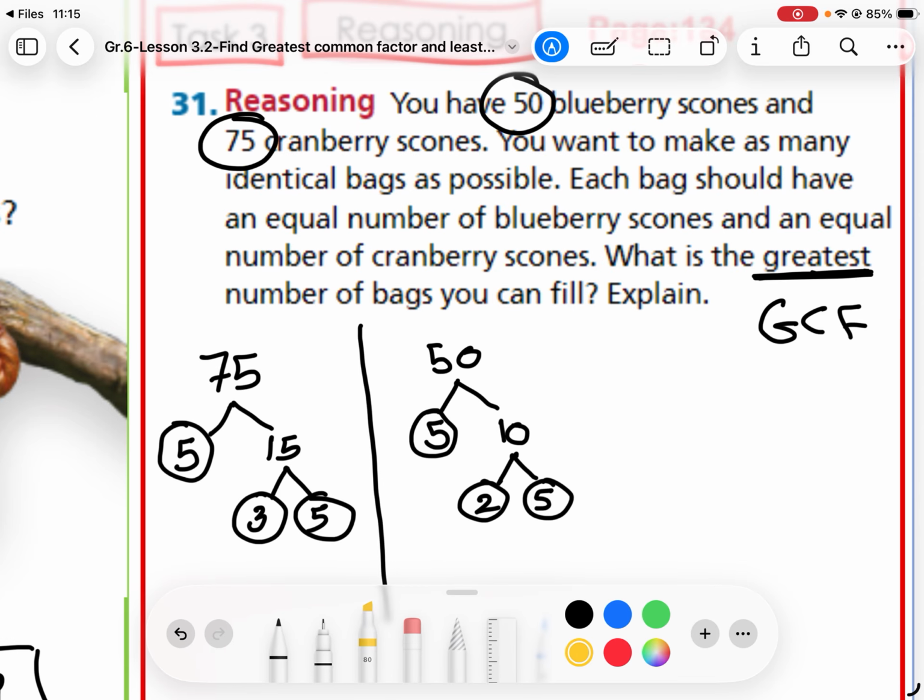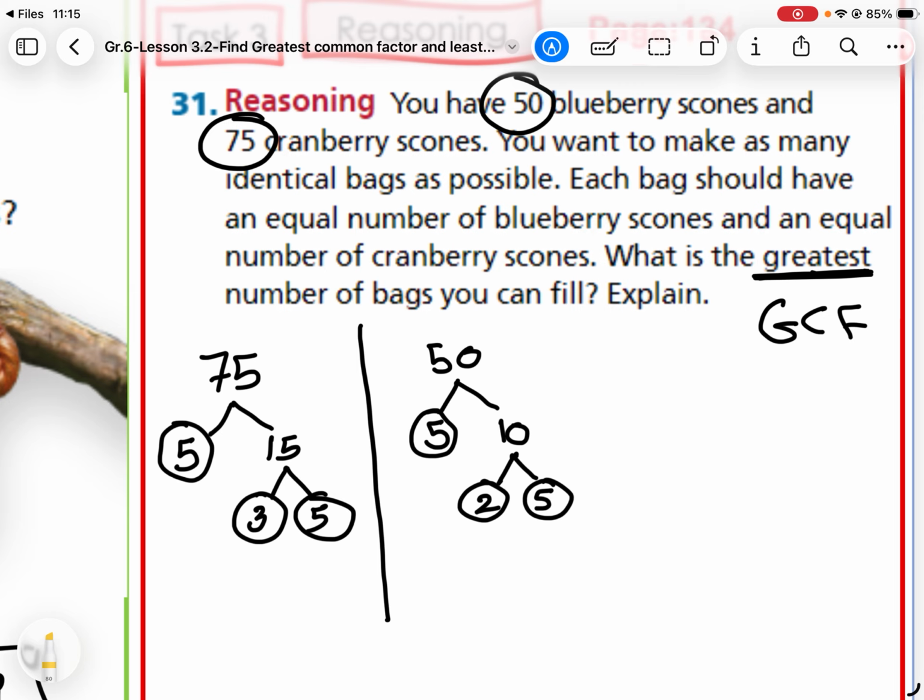Now, to ease the process here, as you can see, you can circle the common. For me, it's easier just to highlight. I told you in your book to use highlighters in the exam if you want to use highlighters, or if you want to do the way that I just showed you, circle the common. For me, using a highlighter is easier. So I have here 5 and I have 5.